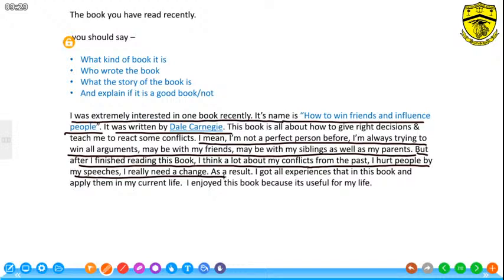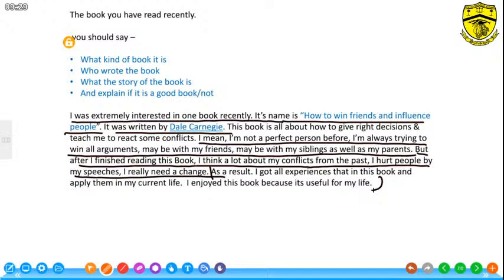And as a result, after reading this book, I got all the experiences in this book and applied them in my current life. So I enjoy this book because it's useful for my life. So these two sentences are the concluding sentences.